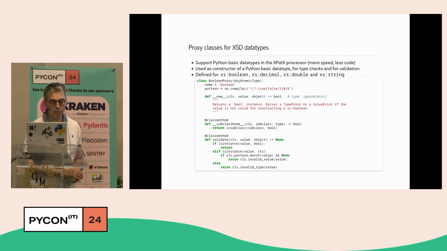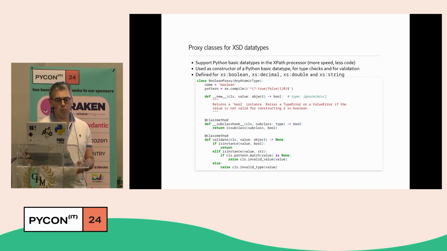Now to the other implementation. I defined some proxy classes derived from any atomic type, because I don't want to replace the basic data types, but I need the checks under the type system that I've defined.